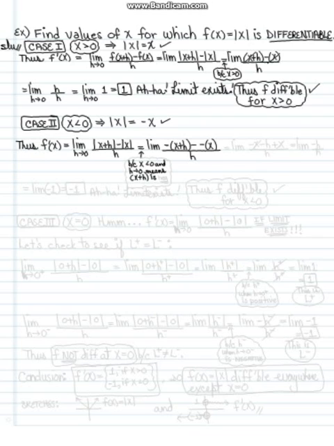And we clean up the top, and we get negative x minus h plus x, which simplifies on the top to negative h.